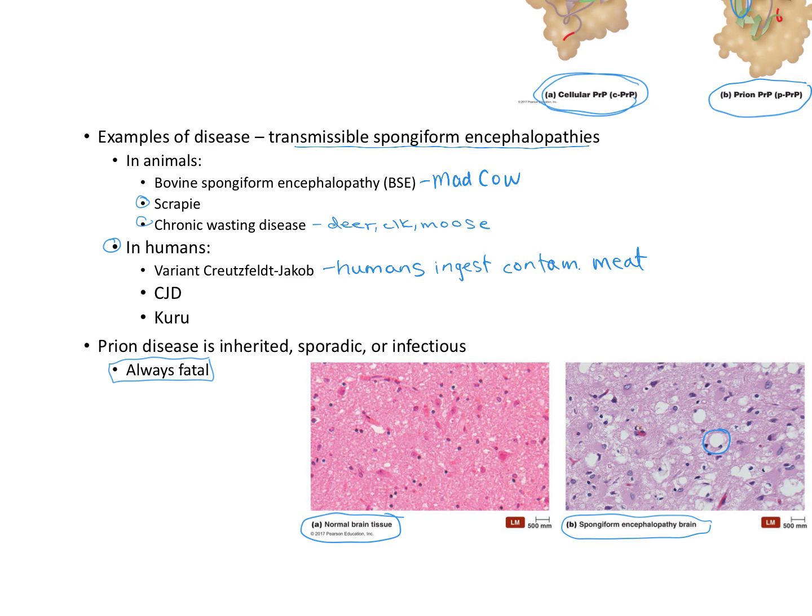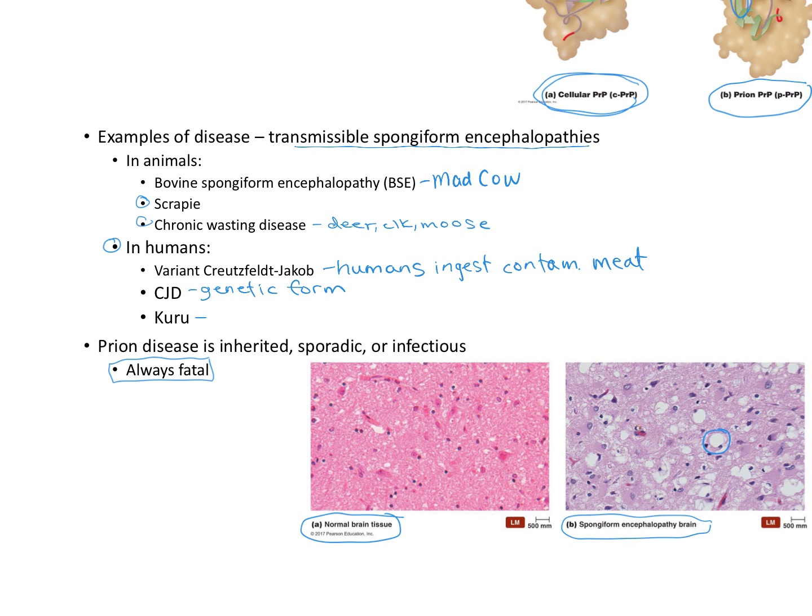Then Creutzfeldt-Jakob disease is the genetic form. So we think it's potentially a rare genetic mutation that can cause that.